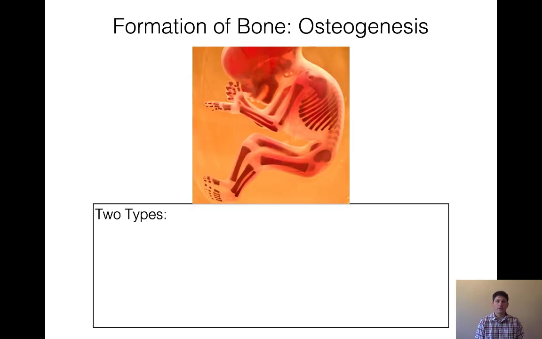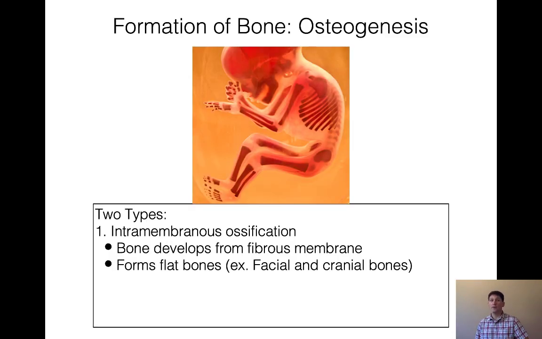So let's look a little bit closer at this process. There's 2 types of bone formation that we're going to learn. The first is called intramembranous ossification. So ossification is basically forming bone or solidifying bone. Intra, within, membranous, membrane. Okay, so our bone is developing from the fibrous membranes, which I just mentioned on our previous slides.